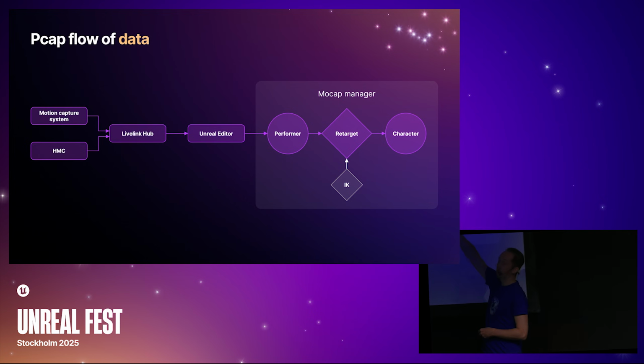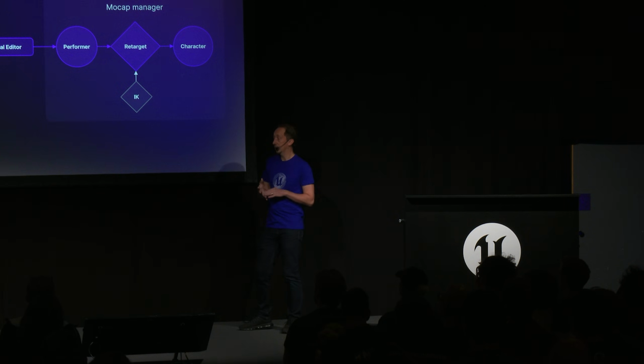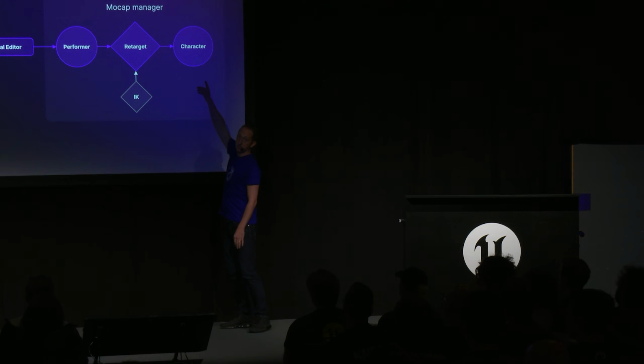Inside the retarget asset there are a number of operations that do a beautiful blend between the forward and inverse kinematics and allow that animation from essentially a larger, different size proportioned person onto a different size proportioned character.